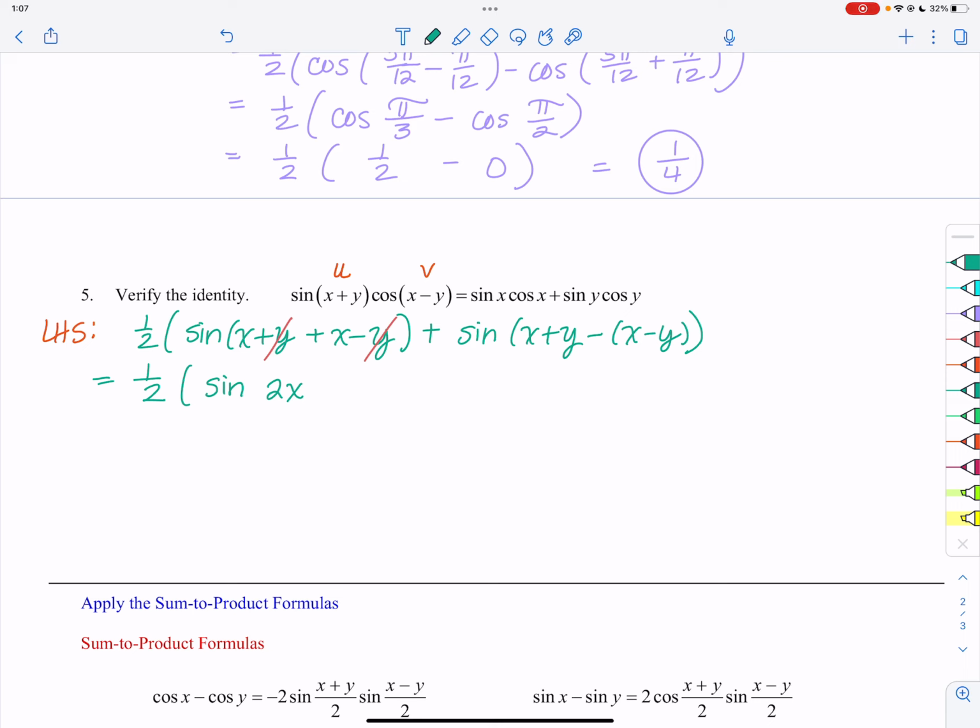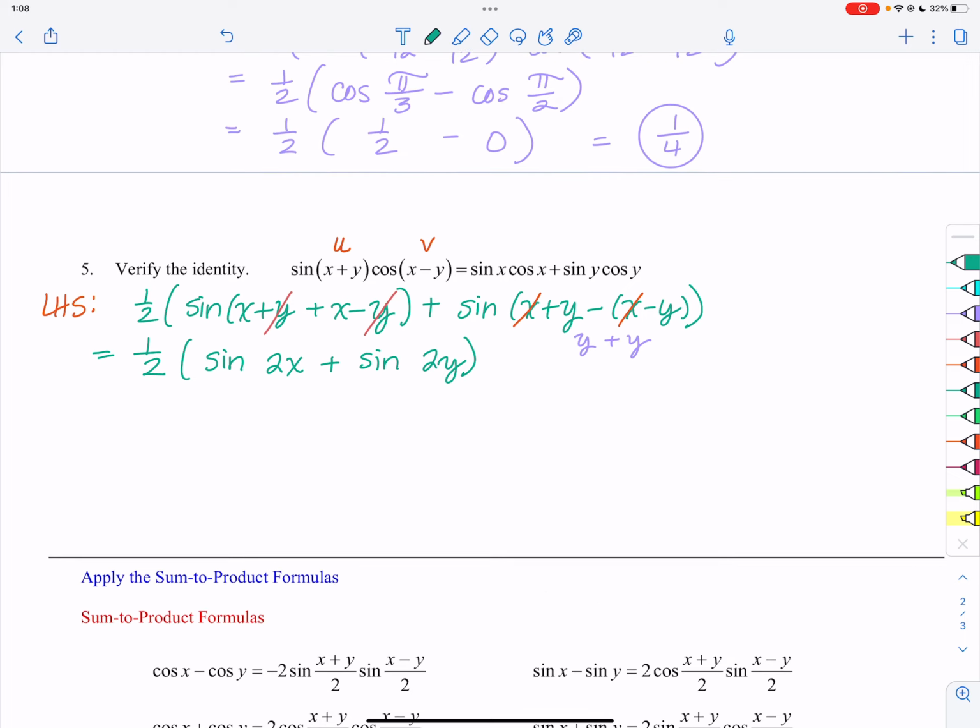And then if you can see over here on the right hand side, actually our x's will cancel. And this is actually y plus y, if you can see that. So sine of 2x plus the sine of 2y.